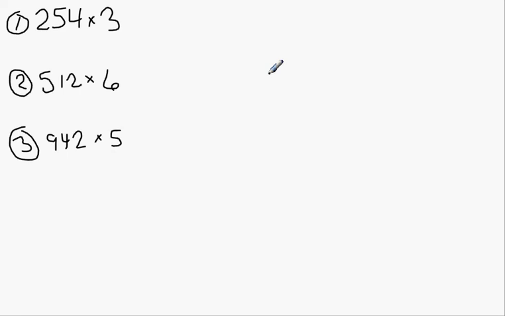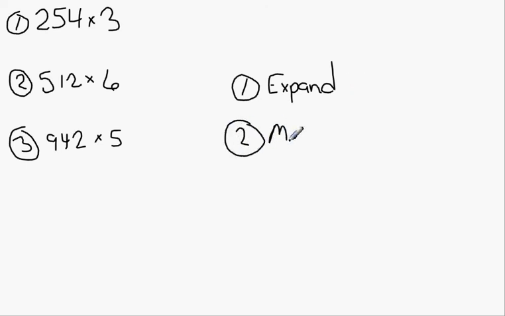Okay, so before I let you go ahead and do those problems, remember that the first thing that you should do is expand that big number. Expanding, that's the whole idea, is expanded notation. So if you expand the large number using expanded form, then you multiply after that, and then you add those products together in step number 3, then you should get the right answers.